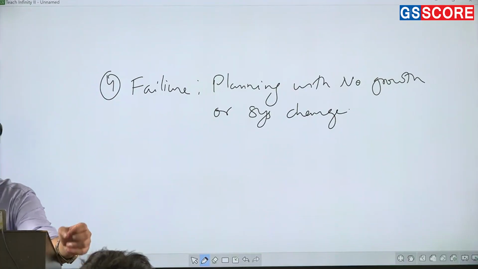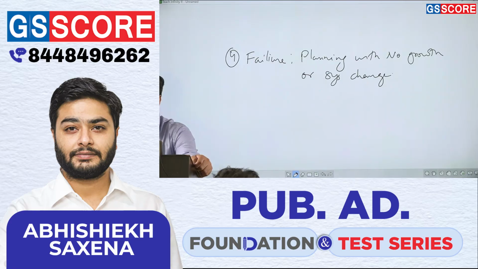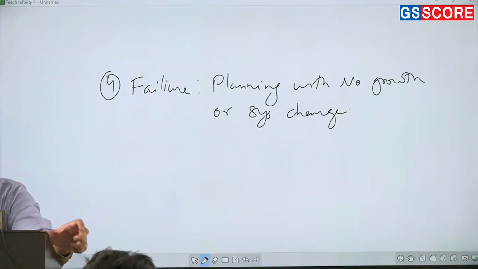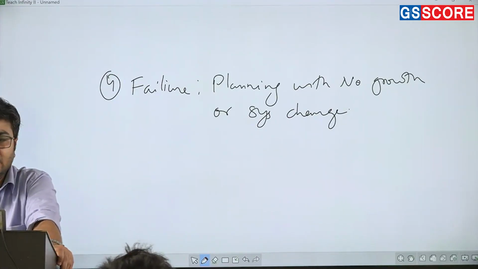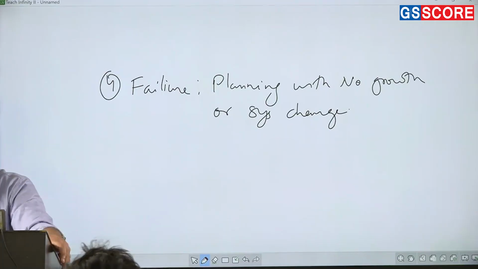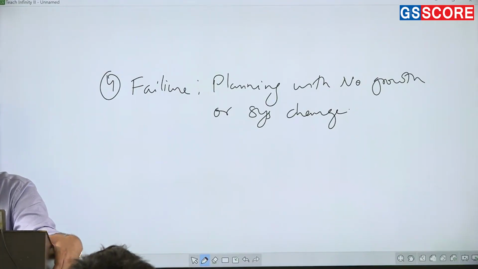Also, in this case, Wiedner looks at budget reforms to prove the argument about failure with regard to growth or without any major system change. And he cites the example of Vietnam in the 50s.